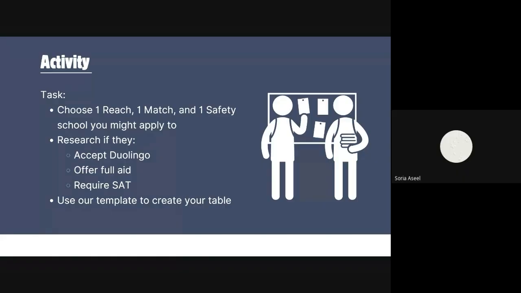Yes, sure. The first university I chose is Harvard. It doesn't accept Duolingo, and only TOEFL and IELTS scores are accepted. About the standardized test, it requires SAT or ACT scores.